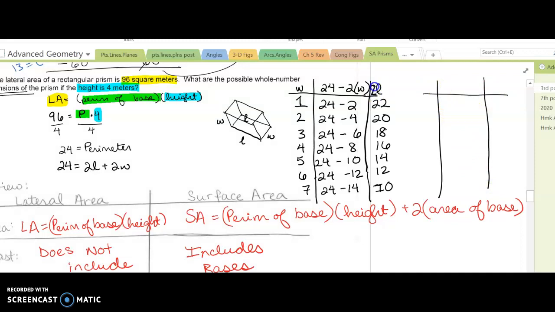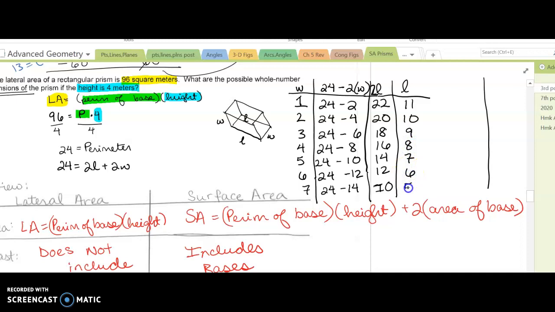And by the way, I left out a key piece here. It's 2L that would be what is left. So our true L would be whatever these numbers are divided by 2. So we're talking about 11 and 10 and 9 and 8 and 7 and 6 and 5.